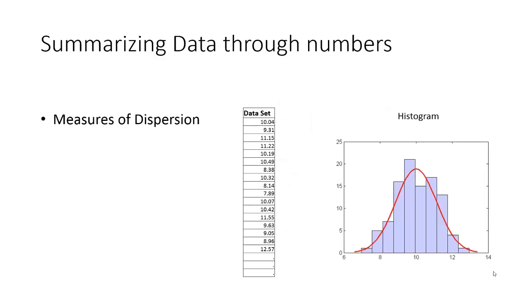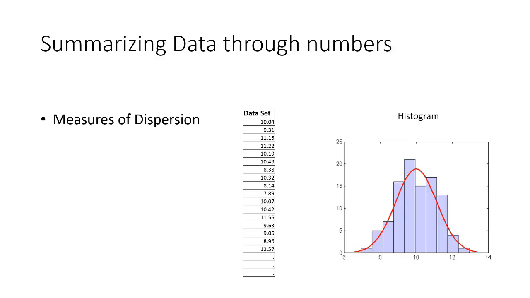So we should be at this point fairly familiar with the use of this data set. Essentially, the data set is just a sample which talks about different data points over a certain range, and the histogram that you see to the right hand side is a histogram that is generated from this data set.